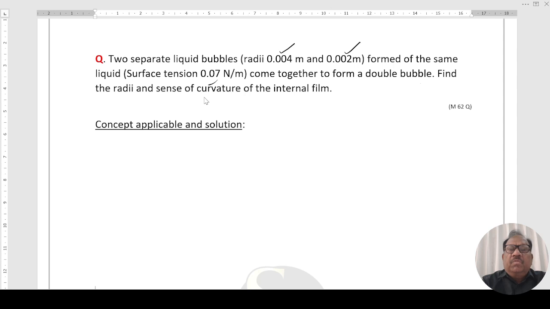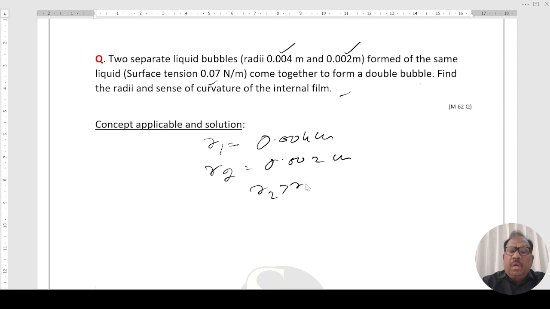Find the radius and sense of curvature of the internal film. In this case, two radii are given. One is R1, 0.004 meter. Another is R2, 0.002 meter. R2 is greater than R1.